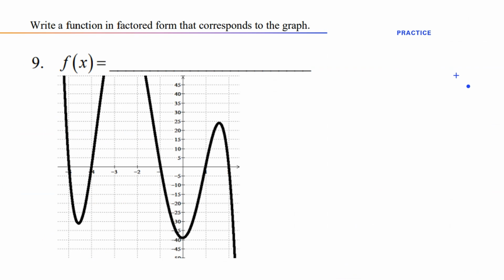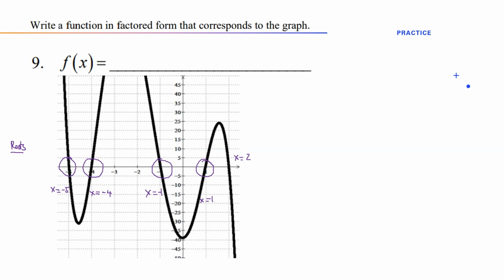Let's practice on some questions. So now we have f of x with the graph like that, right? So we find the roots. The roots are x equals -5, x equals -4 here, x equals -1, x equals 1, and x equals 2.